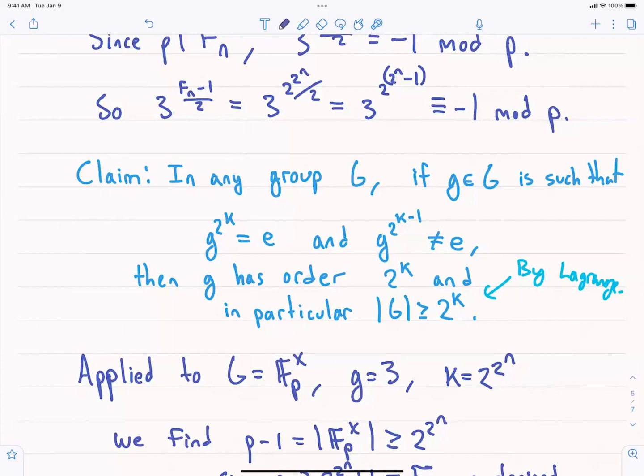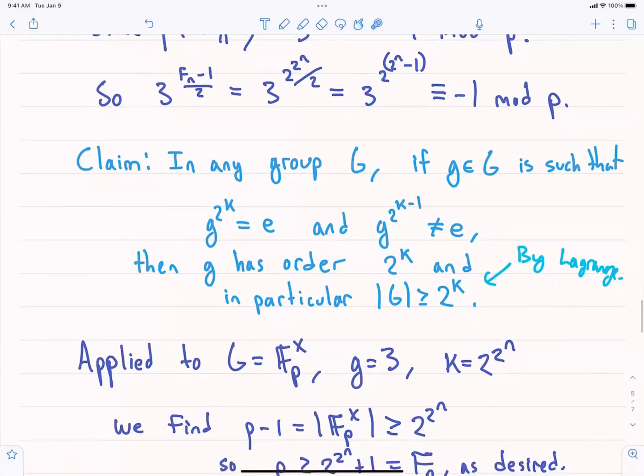So up here, we have that one lower power, so 3 to the 2 to the 2 to the n minus 1, this is congruent to minus 1 mod p. So we have this first part that this is not equal to e.